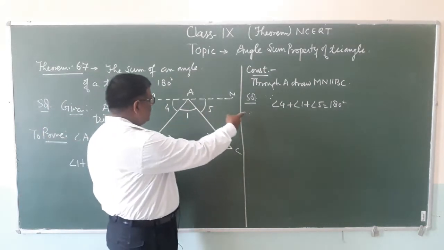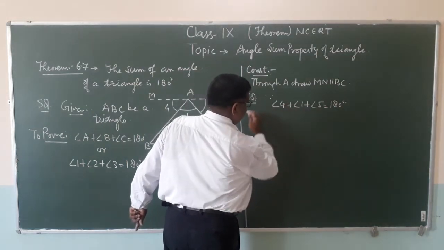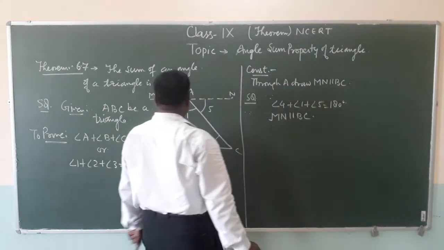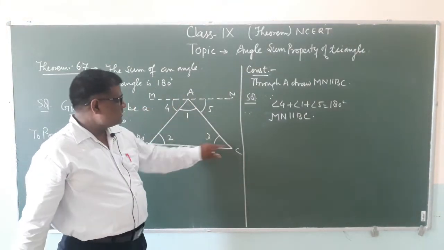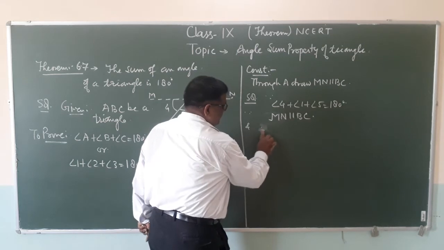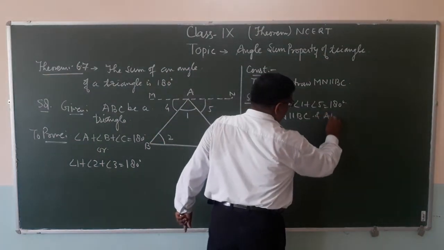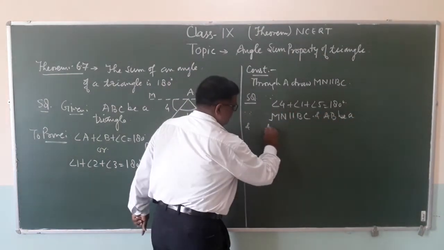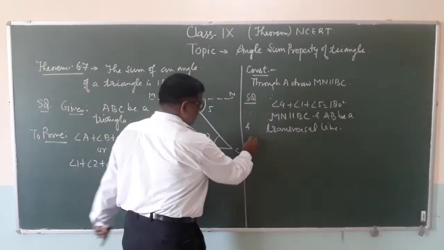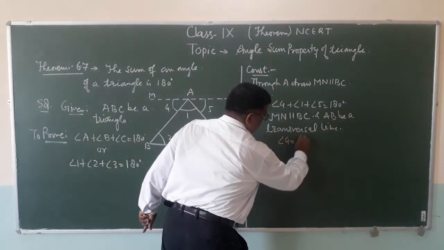So we can write here, since MN is parallel to BC, and AB is a transversal line, therefore angle 4 is equal to angle 2.